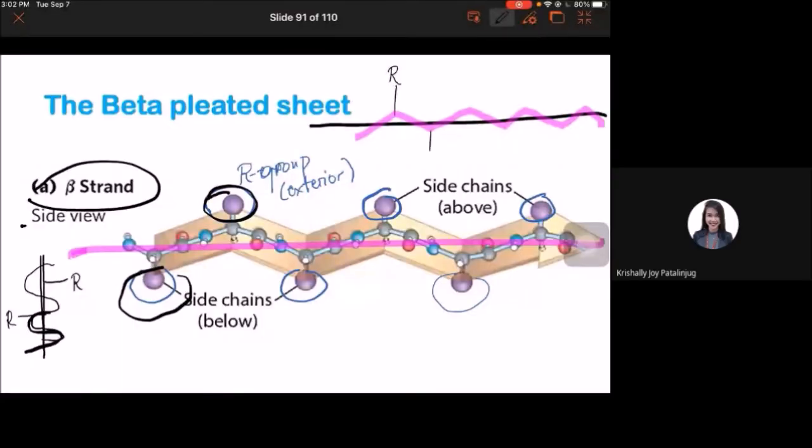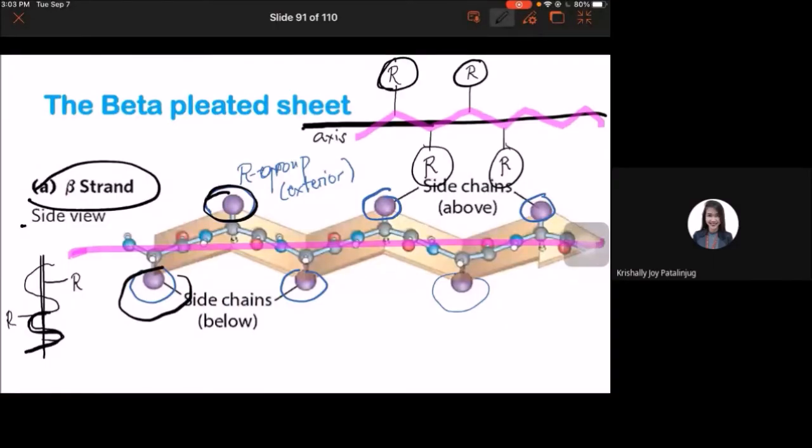R groups are nasa exterior. Ano yung alignment ng axis of rotation sa mismong R group? Perpendicular or parallel? Take 2. It is perpendicular pa rin. Parehas lang actually sa alpha helix.